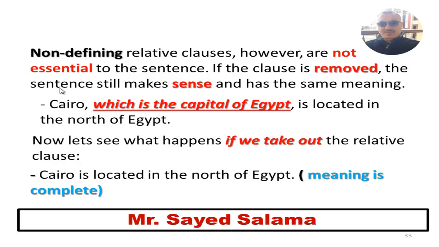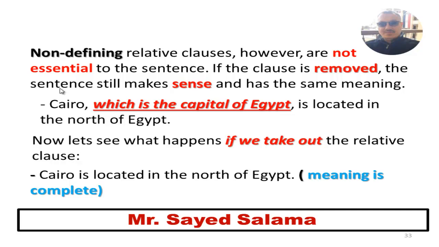Non-defining relative clauses, however, are not essential, are not important, are not necessary to the sentence. If the clause is removed, or omitted or deleted, the sentence still makes sense. It has the same meaning. For example, Cairo, which is the capital of Egypt, is located in the north of Egypt. Now let's see what happens if we take out the relative clause.